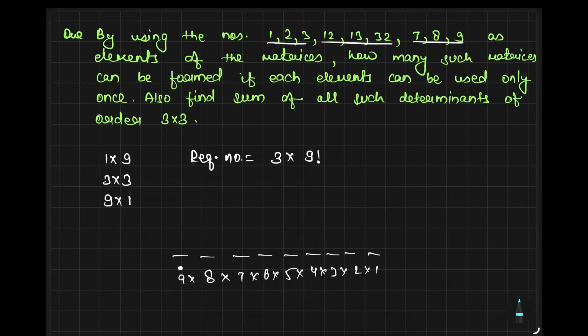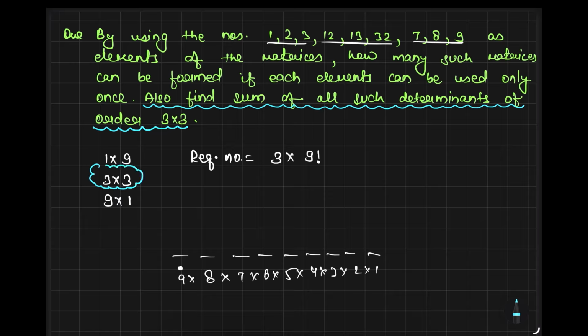Now try to understand, this part is very important. Find the sum of all such determinants of order 3 cross 3. You know that we can find the determinant of a matrix which is square. We cannot find the determinant of this matrix and this matrix.